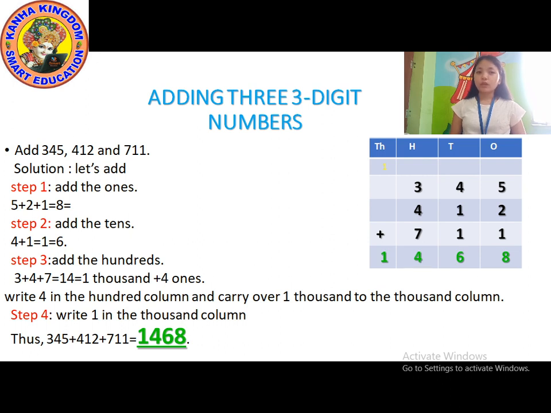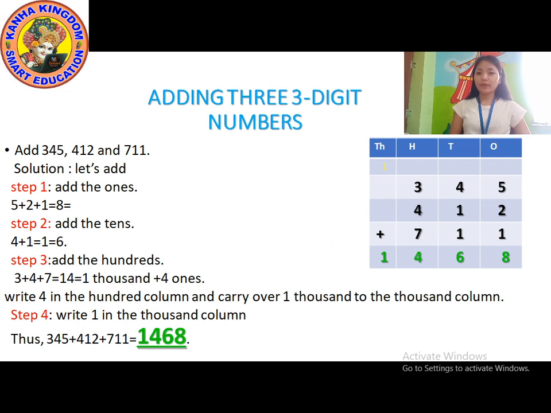So we write 4 in the hundreds column and we carry over 1000 to the thousands column.